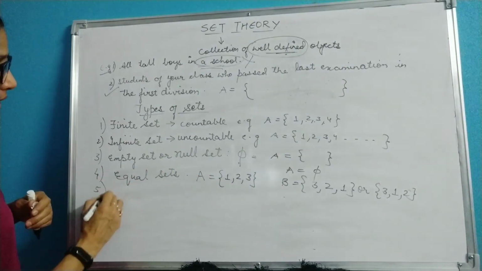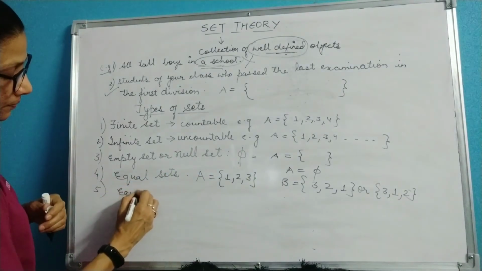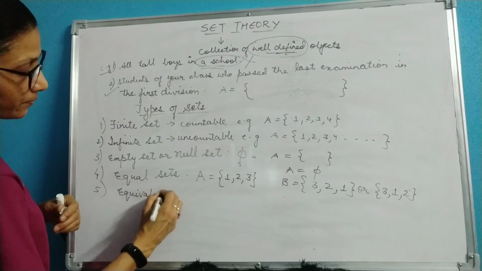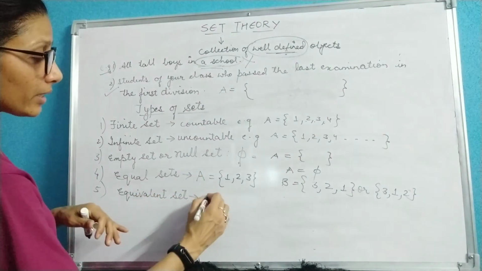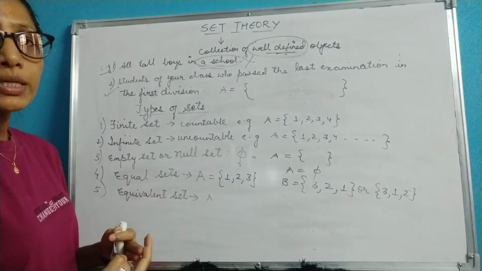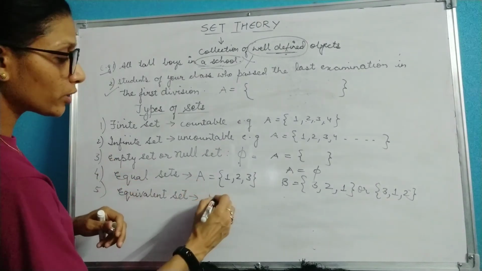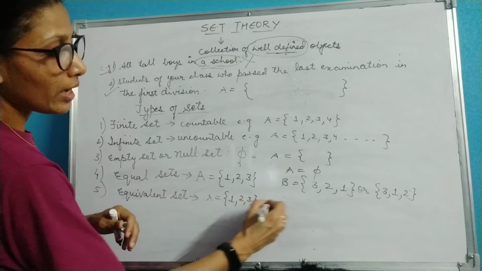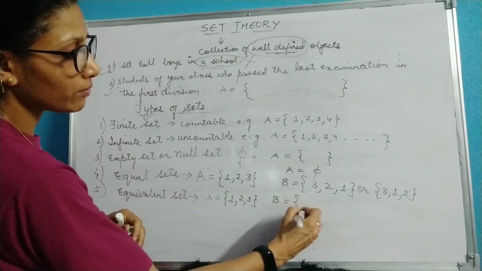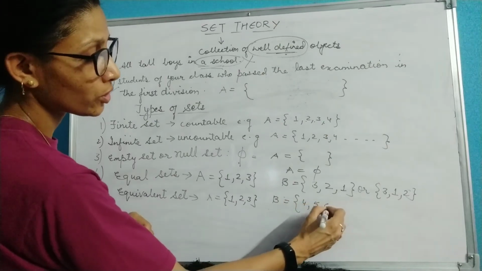Now you come to equivalent sets. Equivalent sets says the number of elements in two sets should be the same. Say I am taking A as 1, 2, 3 and say set B is given as 4, 5, 6.